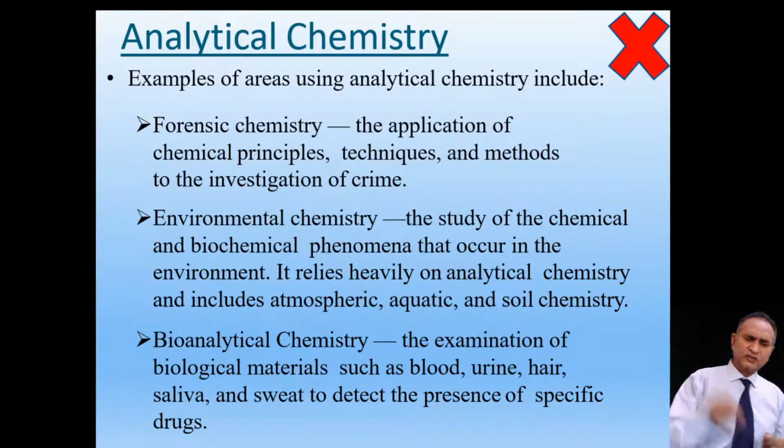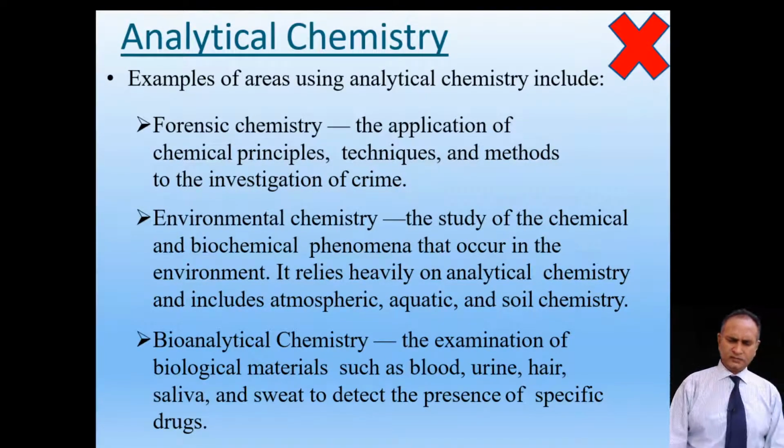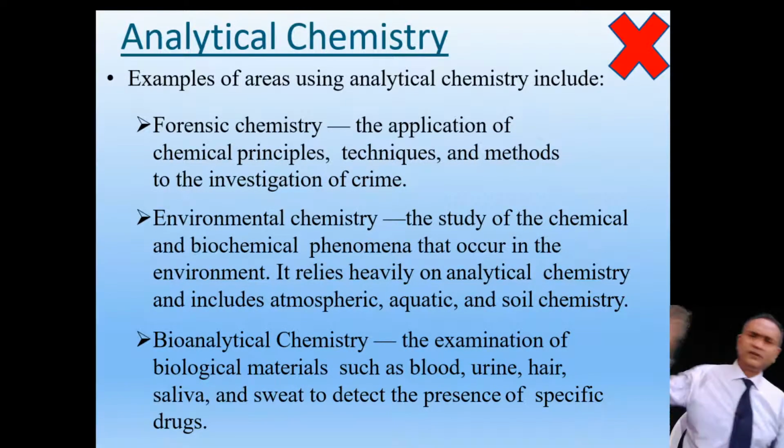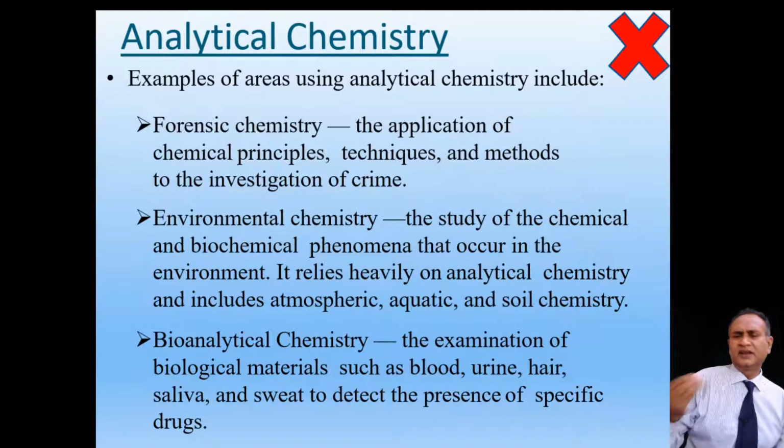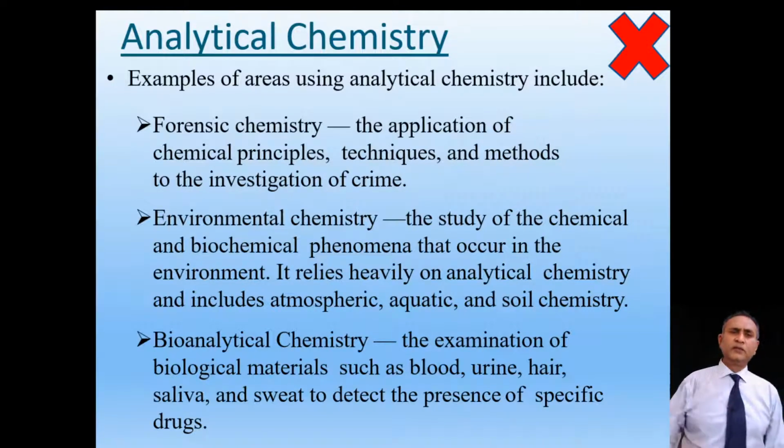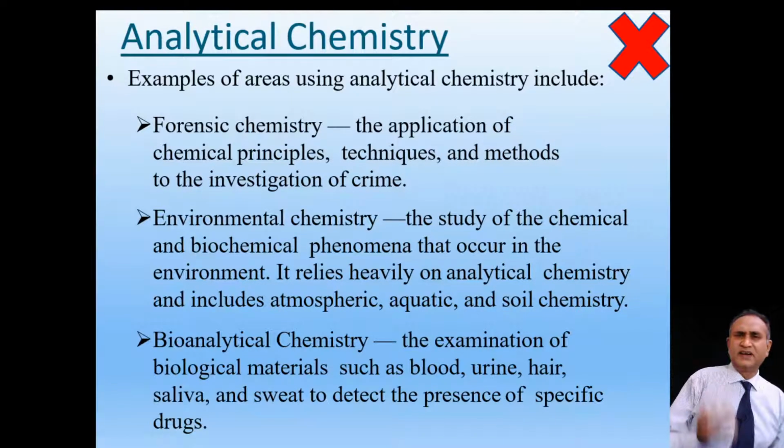This is also a branch of analytical chemistry. And then bioanalytical chemistry, the examination of biological materials such as blood, urine, hair, this and that. It means simply a lab like Aga Khan lab or any other lab where different kinds of tests are done. This is also part of analytical chemistry.